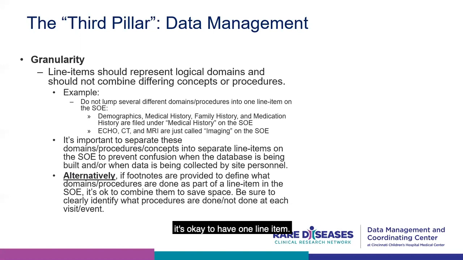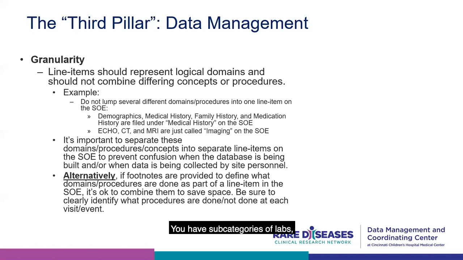As an alternative, it's okay to have one line item if you have a footnote to provide and to define what domains and procedures are done as part of that line item in the schedule of events. It's okay to combine them to save space. Just be sure that you clearly identify what procedures are done and not done at each visit and event. A good example of a line item that can be combined would be labs.